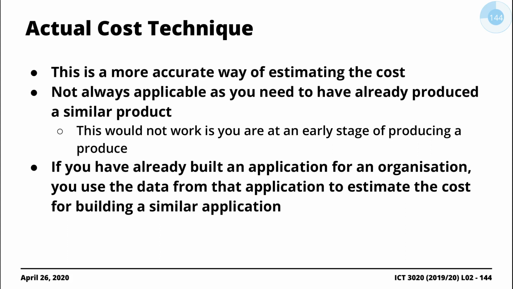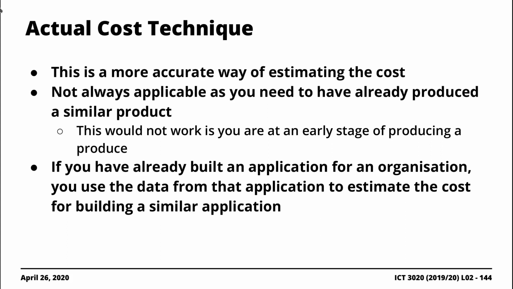All right, and then the last technique that we discussed was the actual cost technique, where you're more or less using a technique that will allow you to get a much closer estimate to the actual cost of the project. And like mentioned previously, this is because the information that you're using to arrive at the cost is based on past projects that you've worked on, actual numbers that are associated with past projects, right?